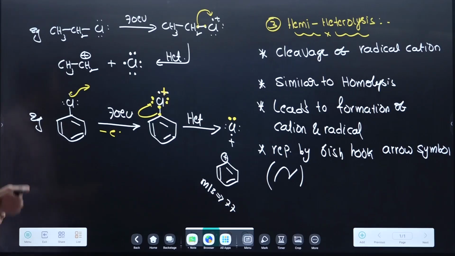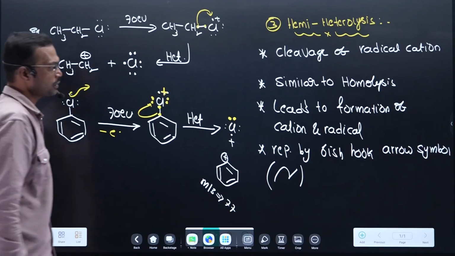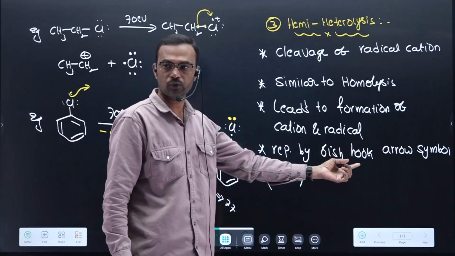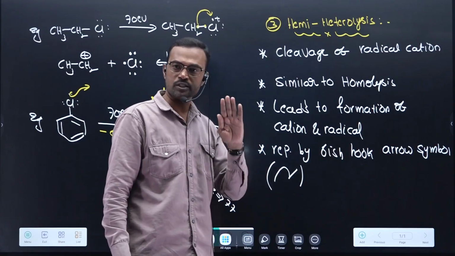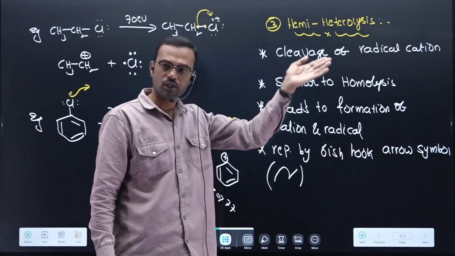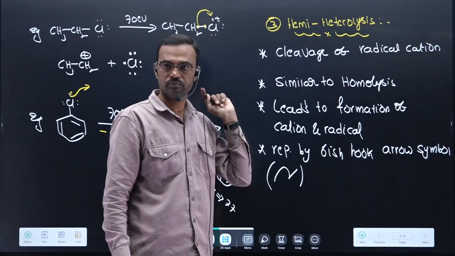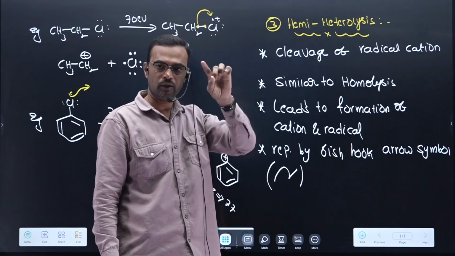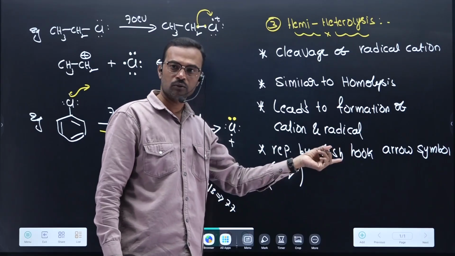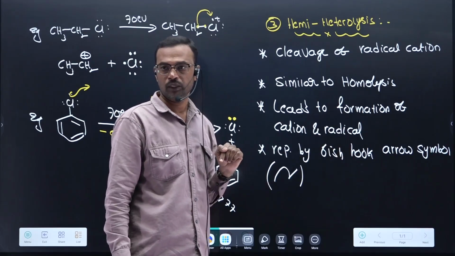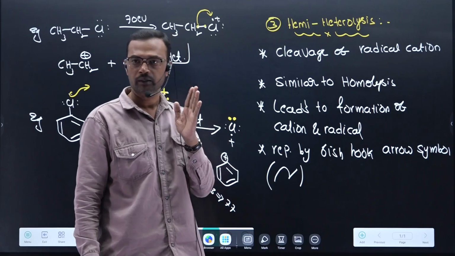Cleavage of a radical cation, similar to homolytic fission, leads to formation of a cation and a radical. But in homolytic fission, after generating the molecular ion, we break adjacent to it. Here we are not breaking adjacent; we break exactly at the radical cation. Wherever the radical cation is formed, there we are breaking.